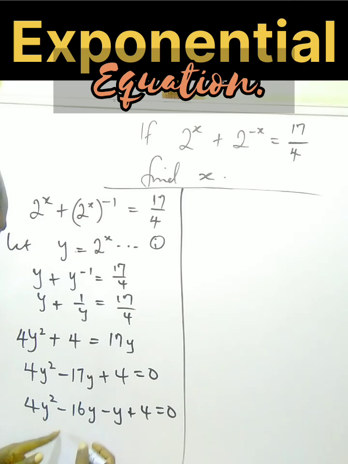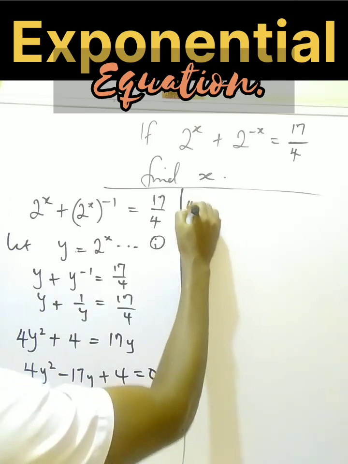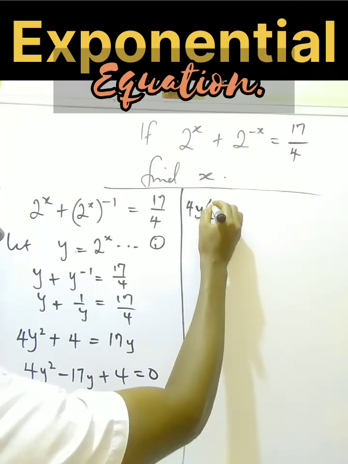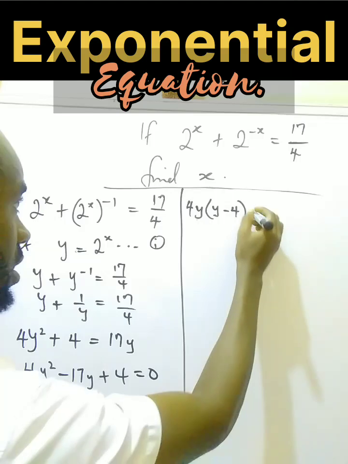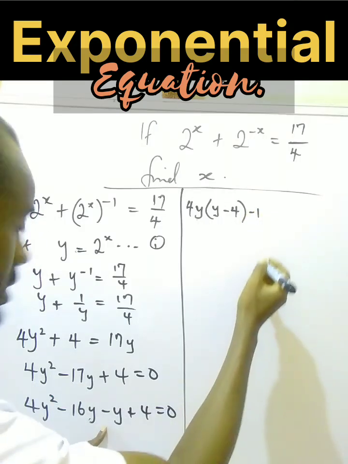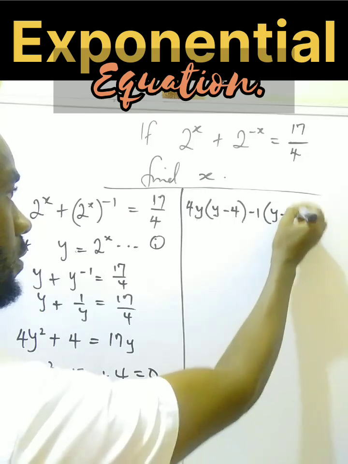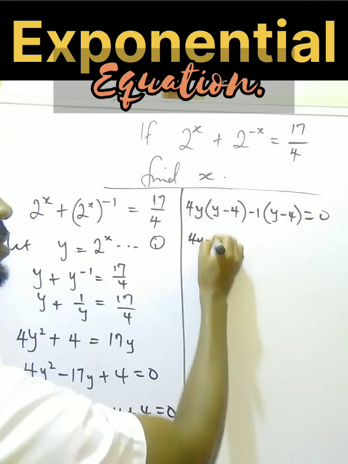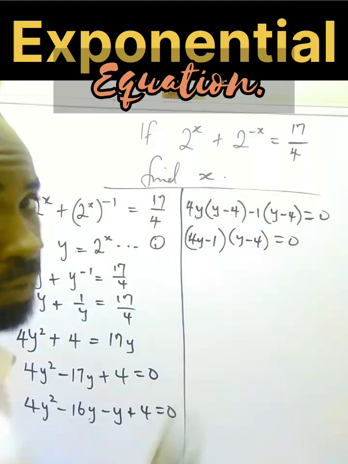From here, I factor out 4y from these two, into y minus 4. And then from here, I factor out 1, giving y minus 4 equal to 0. So I'm left with 4y minus 1, and then y minus 4 equal to 0.